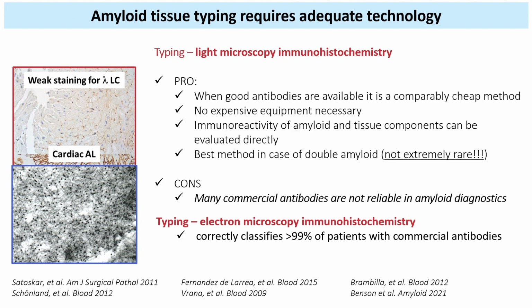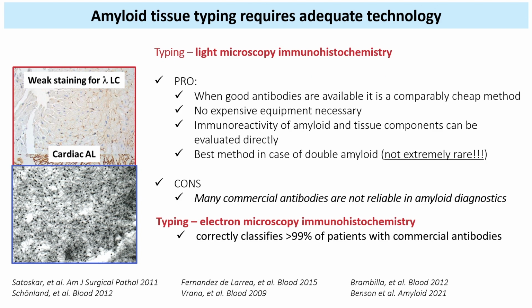If you cannot use custom-made antibodies, we may consider using immune electron microscopy. The difference is that with immune electron microscopy, we can see the fibril and then we can see the antibody attached to the fibril. And so we can confirm that the amyloid is present and the type of the amyloid.